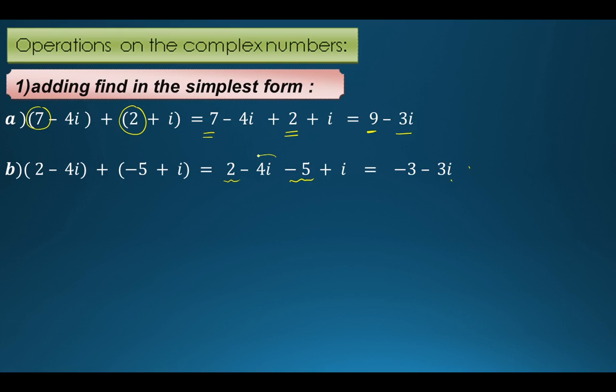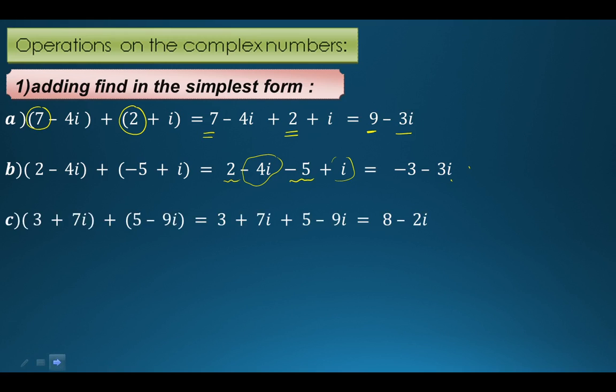Negative 4i, the imaginary part, and I, the imaginary part. Negative 4 plus 1 equals negative 3i. Very easy example.